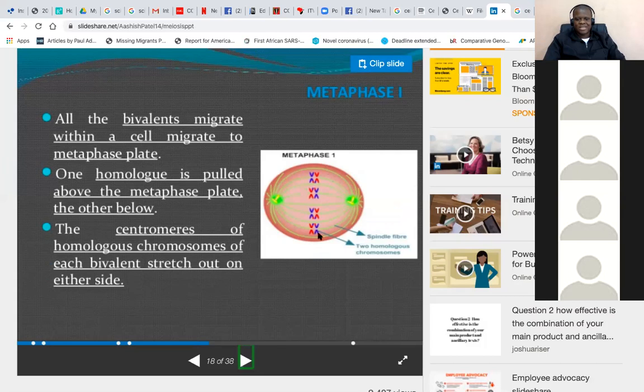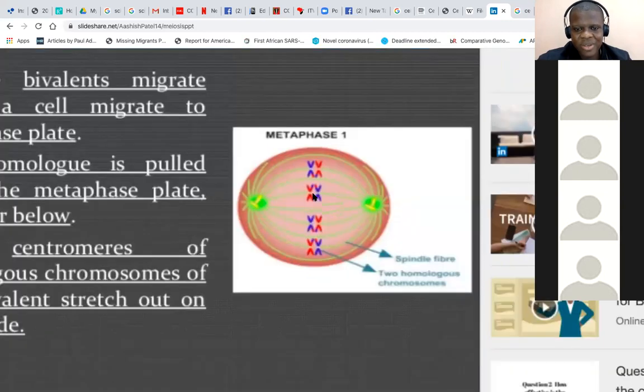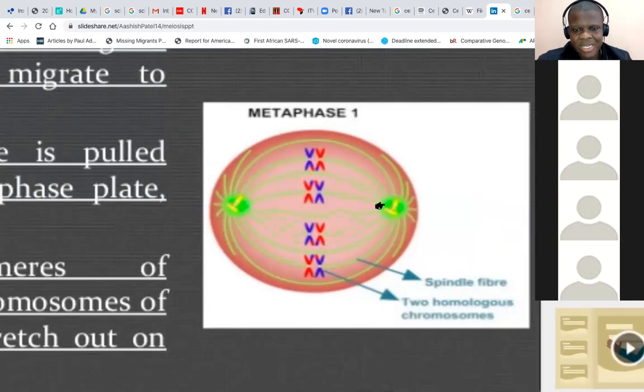Look at what is happening at metaphase 1. Look at the screen. You will see that they are now migrating, and if you look at the image very well, I'm trying to zoom in, you see that none of these chromosomes is exactly the same. Each of them has a fraction or an element of another chromosome on it.